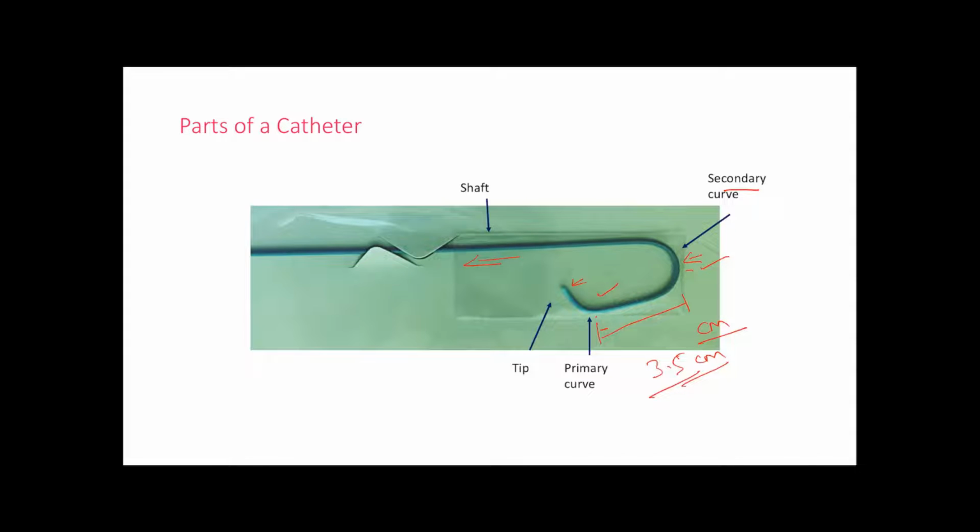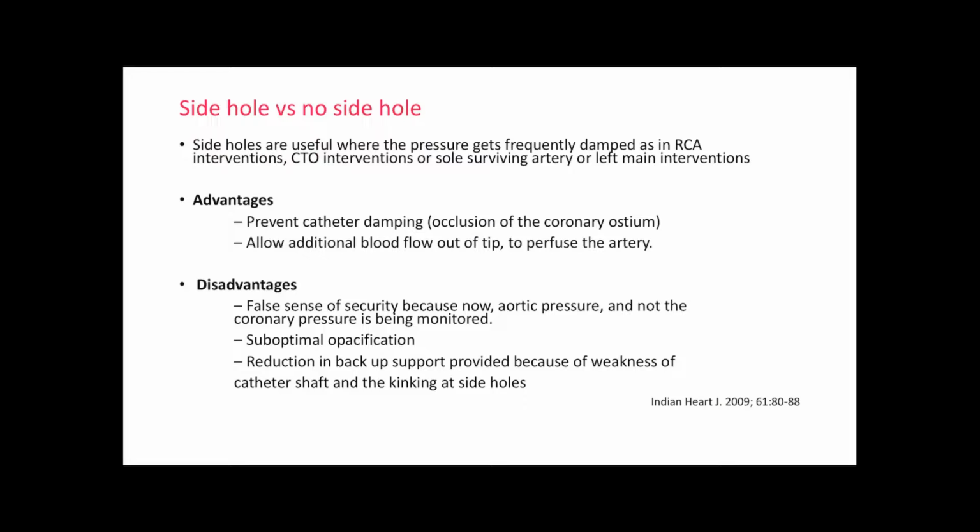When you say JL 4, you mean a separation of 4 centimeters. So these numbers are the difference between the primary curve and the secondary curve, and this number is very important. I will discuss that because the tip and the primary curve are meant to be near the respective ostia of the vessel. The secondary curve is meant to give support. So the larger curves will be good for a larger aorta because that is going to give you counter support. We'll discuss that. So these were the parts of catheters.